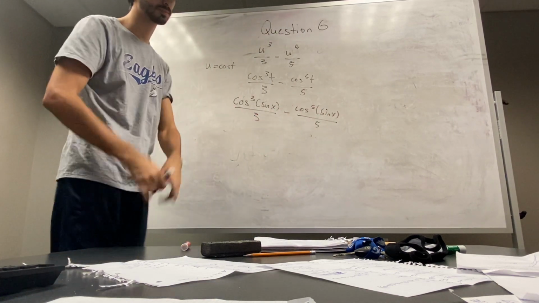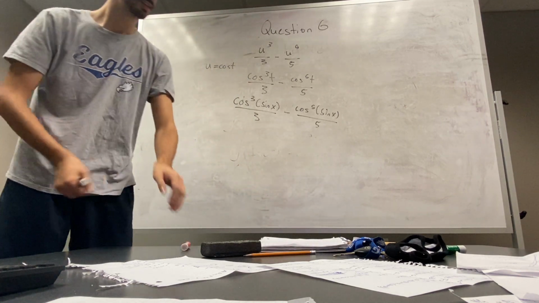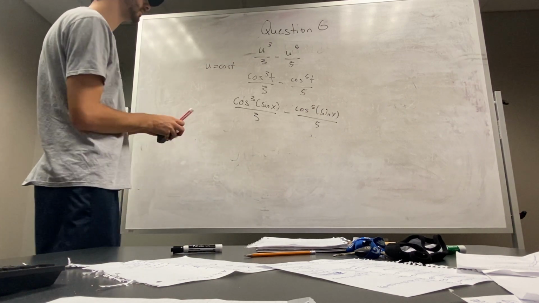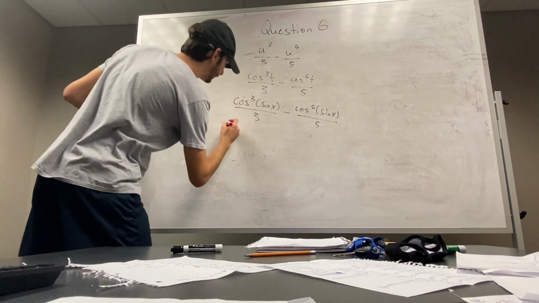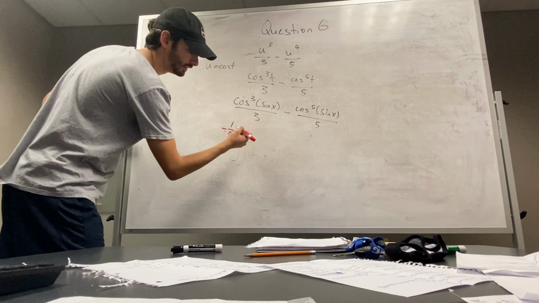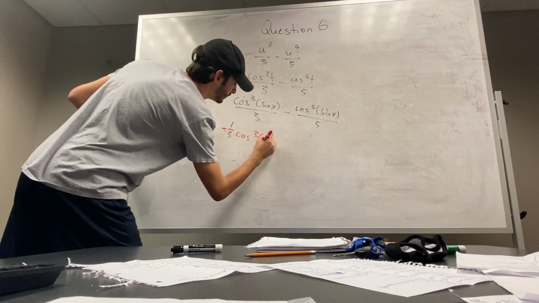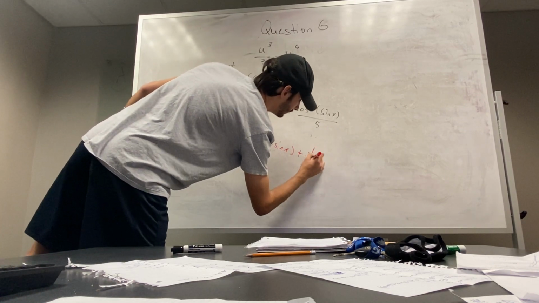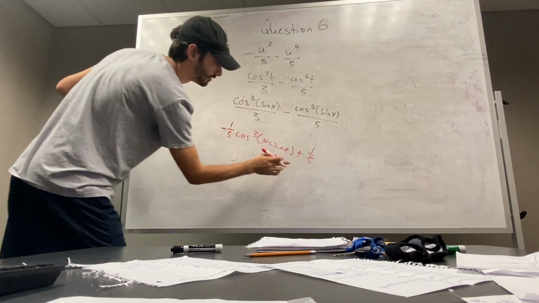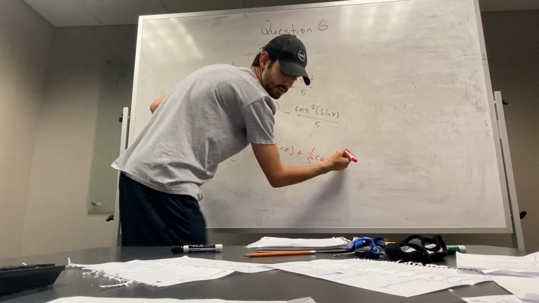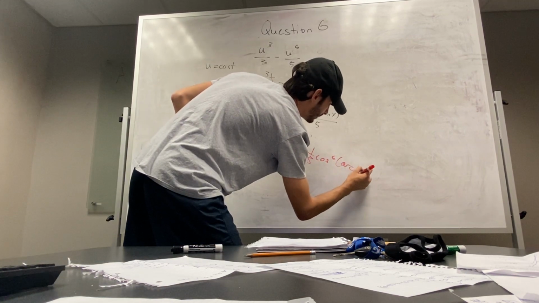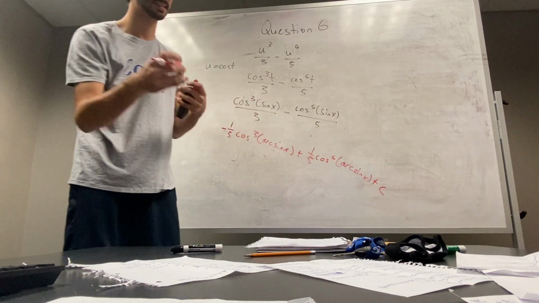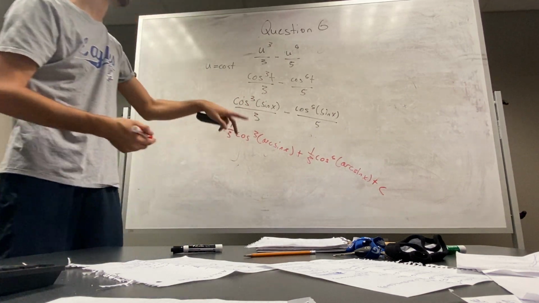All right, now from this point, we can simplify this integral to equal the following: negative 1 over 3 cosine cubed arc sine, so we're switching those values, plus, we have that negative in front, cosine to the fifth arc sine x, plus c, because it's not a definite integral, so we need to have a constant.